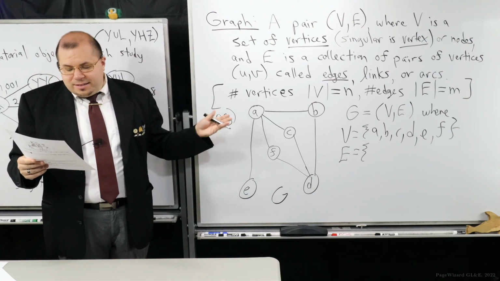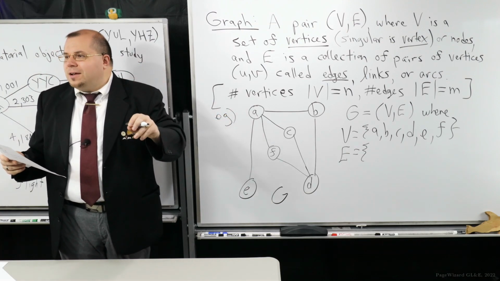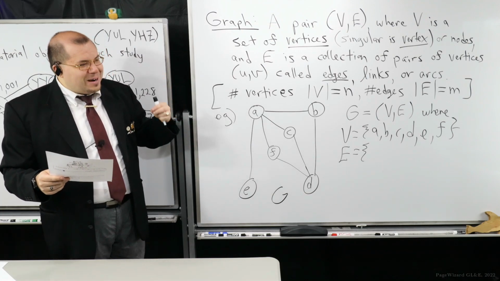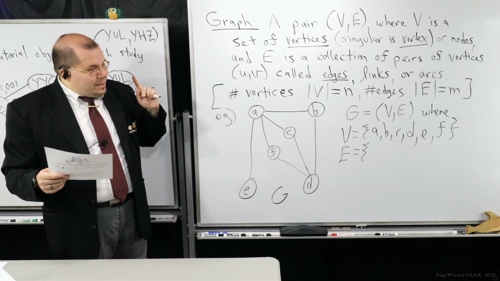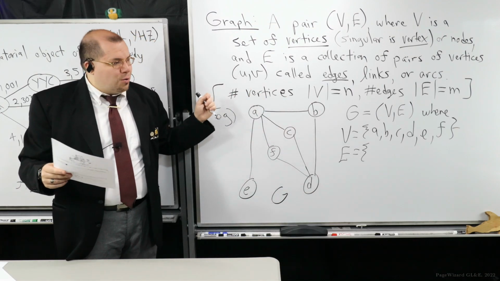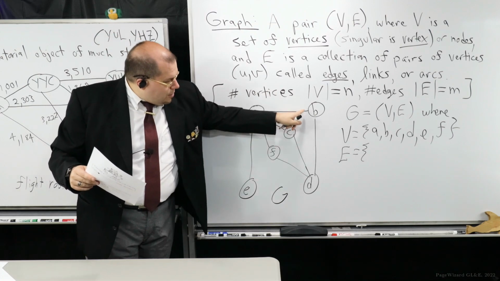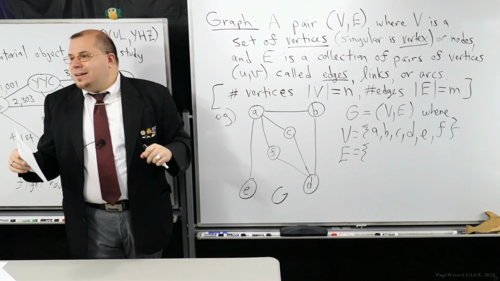In this case, I'm going to write them out the way I will shortly for an undirected graph. When I talk about a directed graph versus undirected, what I literally mean is that I'm going to draw arrows on these, meaning you can only go in one direction. So if I want to go from A to B, and I put an arrow on here, this means I can go from A to B, but I can't go backwards.